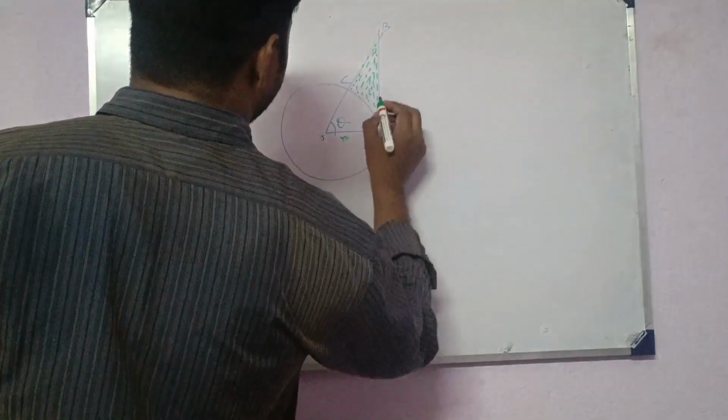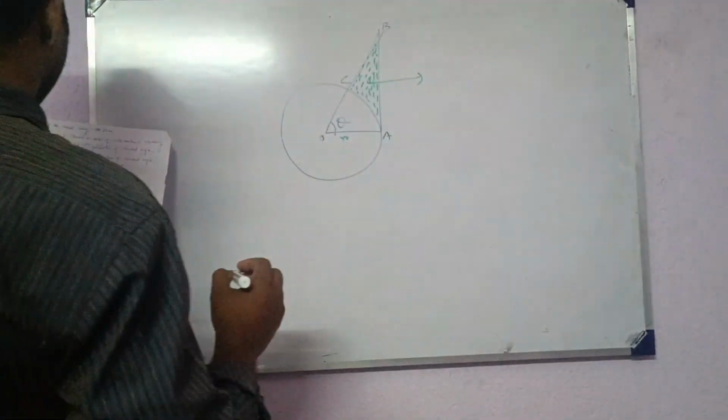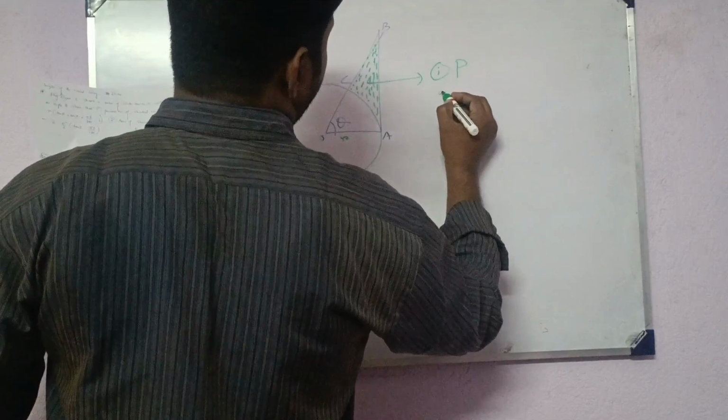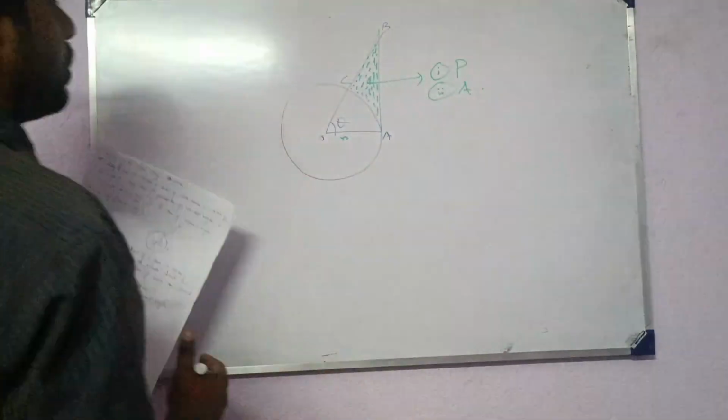Acha, the radius is R. You have to find the perimeter of the shaded portion, also the area of the shaded portion.